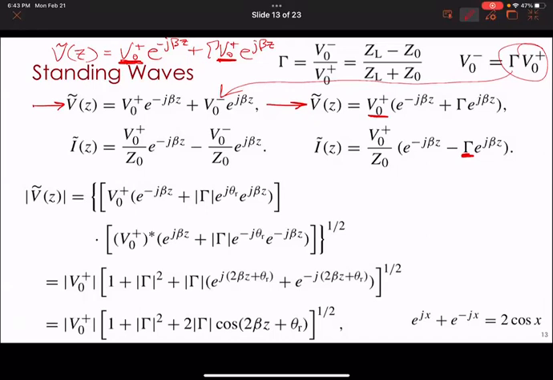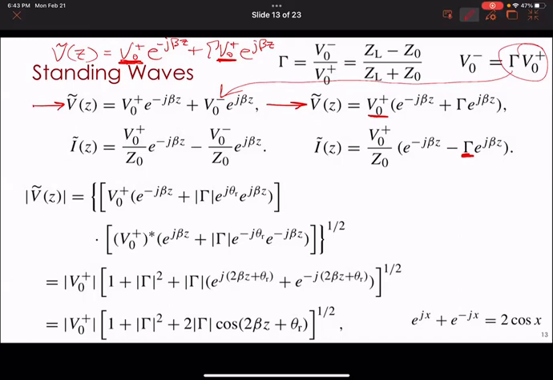Why that? Well, at some places they're going to add together constructively, like I was saying, and in others add together destructively. If we're looking at the magnitude, instead of the absolute value, because the waves are moving, they're going to be adding together, and then they're going to be canceling each other out.